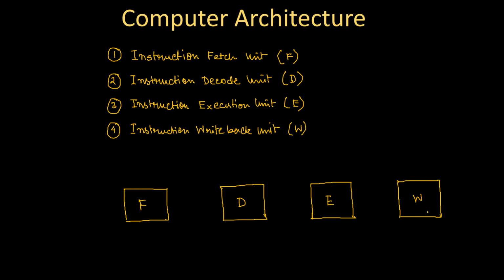Maybe for a particular instruction, the fetch unit can take 3 milliseconds to complete its job, and the decode unit may take 5 milliseconds. Now, imagine a situation where the decode unit is busy with an instruction, and at the same time the fetch unit completes its job. What does the fetch unit try to do?